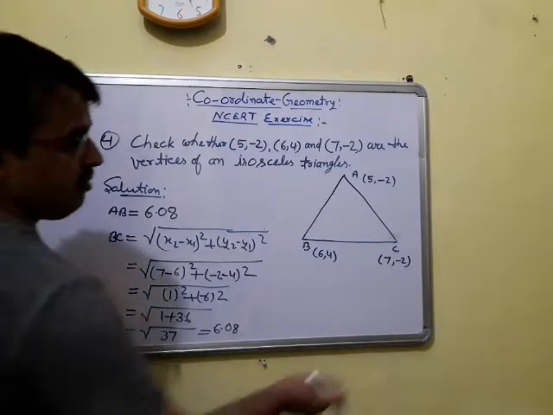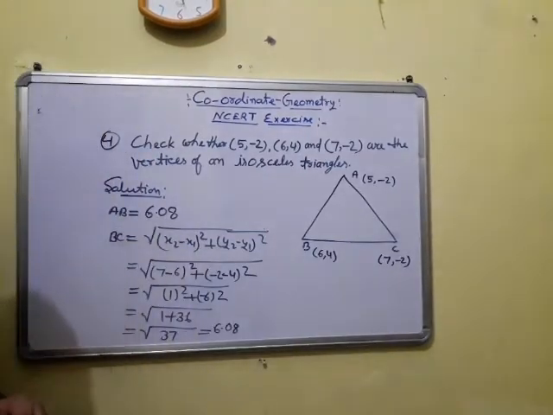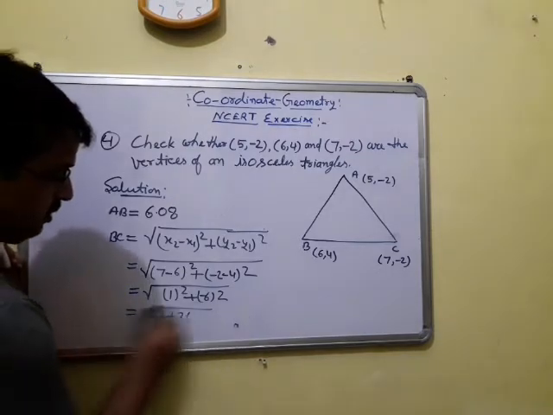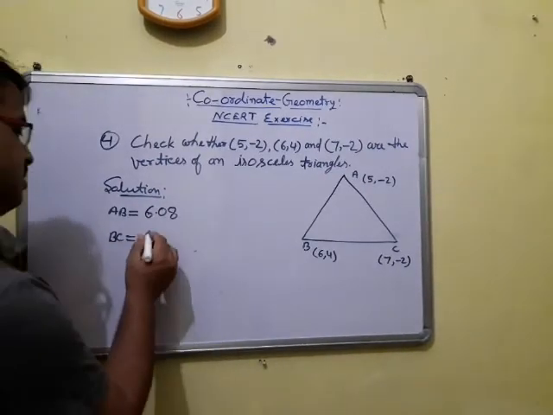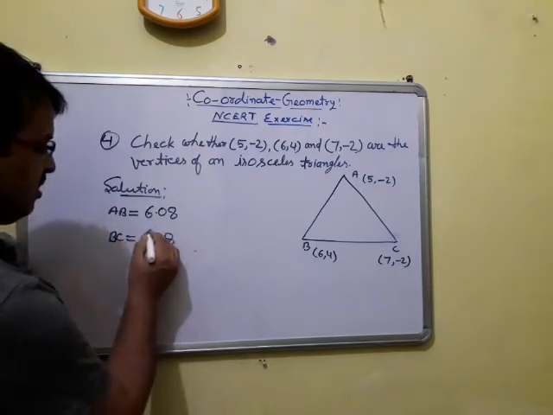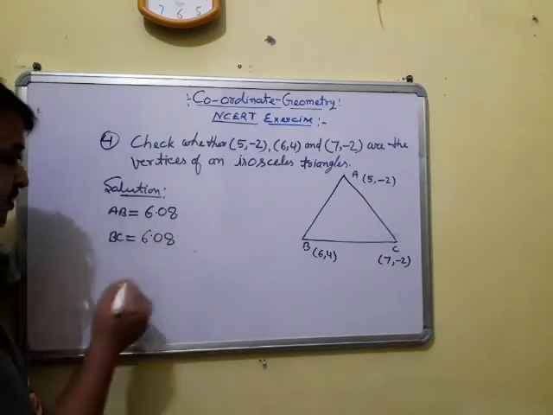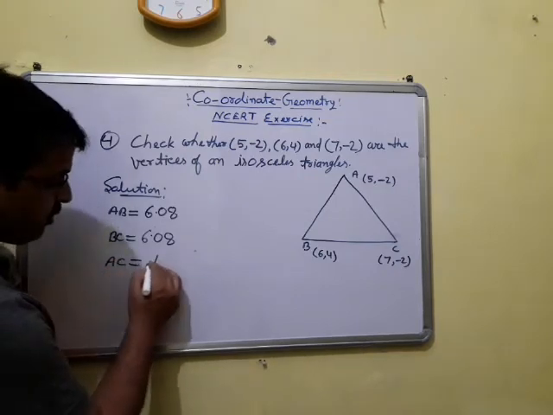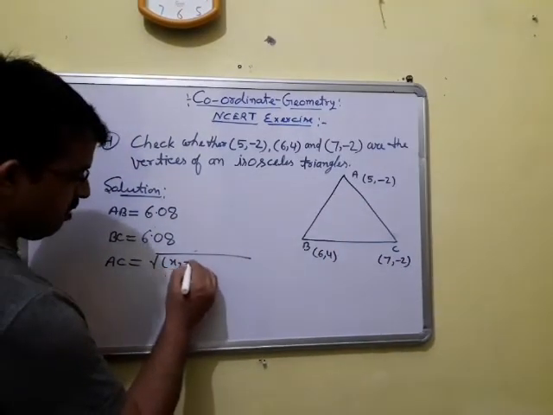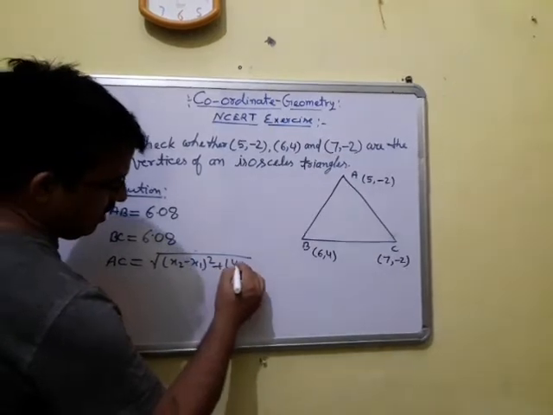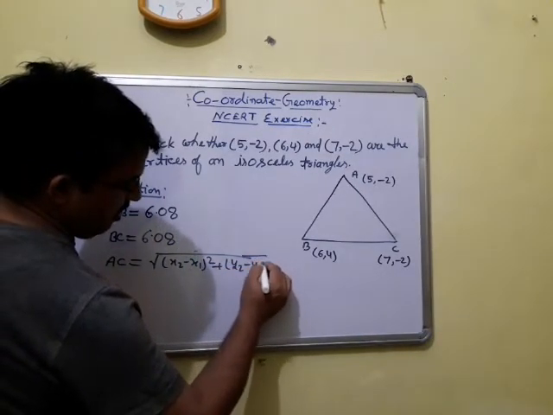This point is clear. Next we find AC. This BC is also 6.08, this is also proved. Now find AC, the distance between A and C: x2 minus x1 whole square plus y2 minus y1 whole square.